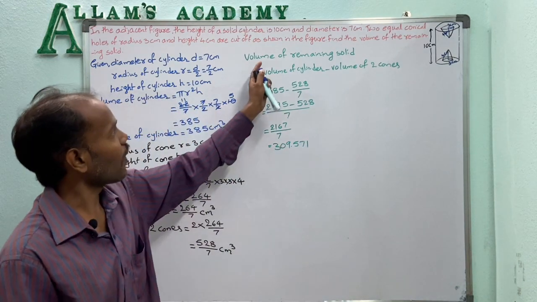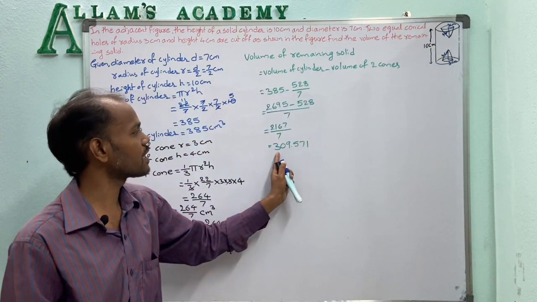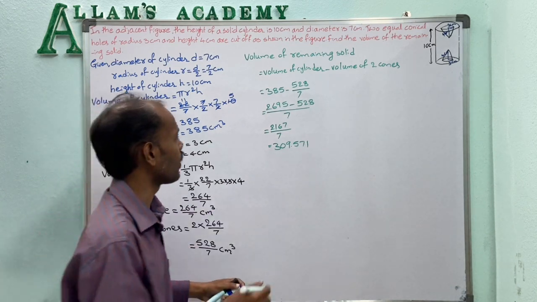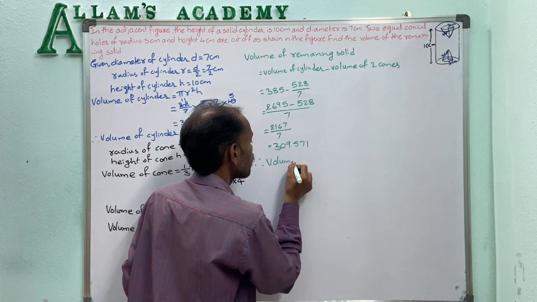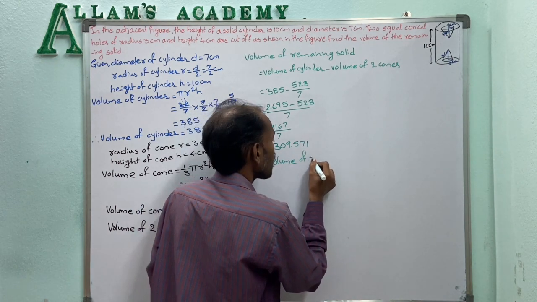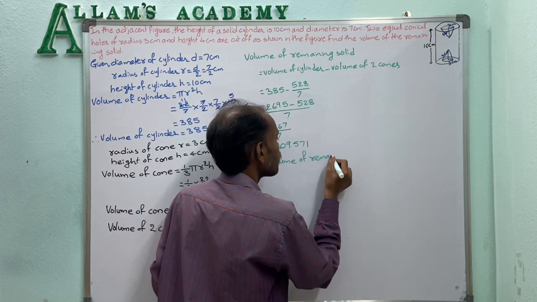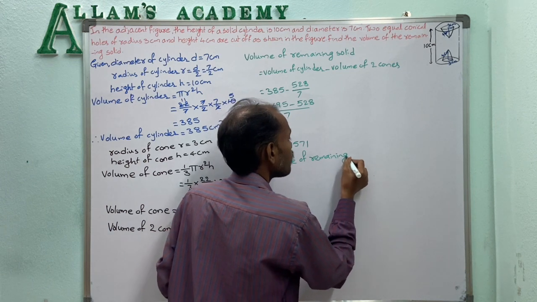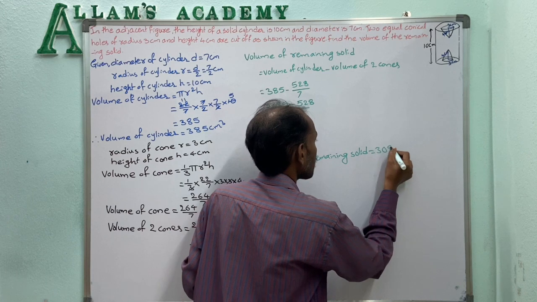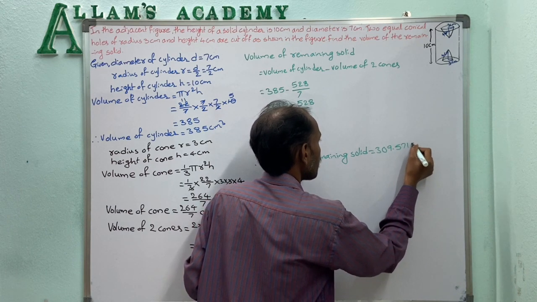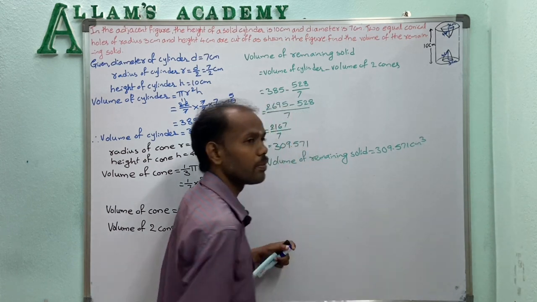So now the volume of remaining solid is 309.571 centimeter cube.